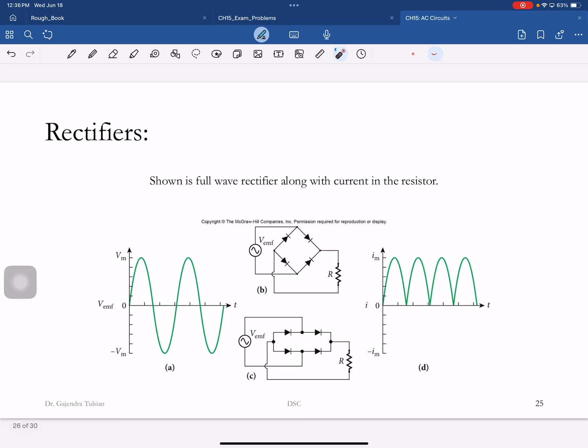So here's what we're going to do. We're going to go buy 4 diodes. Now if you hook it up like this, during the positive cycle, current will flow like that.